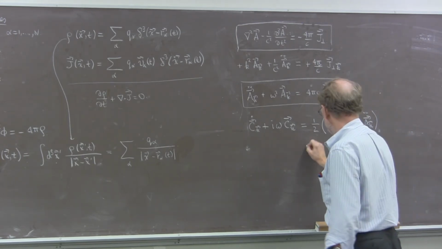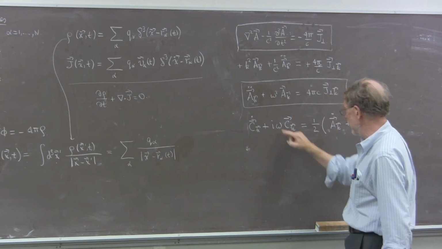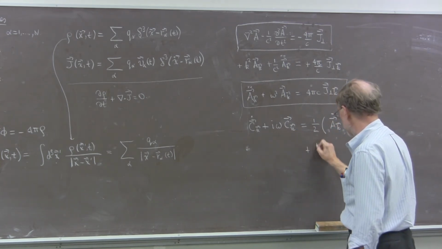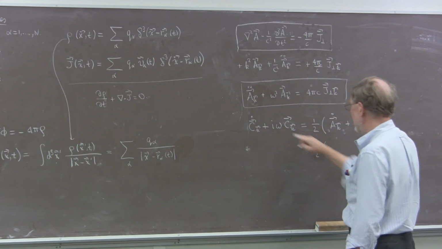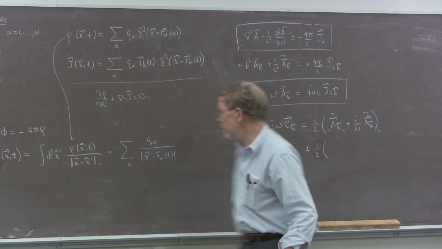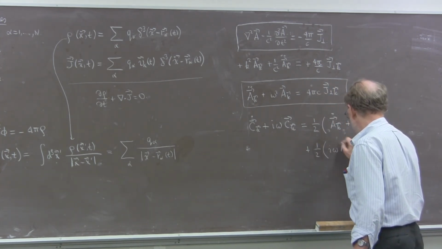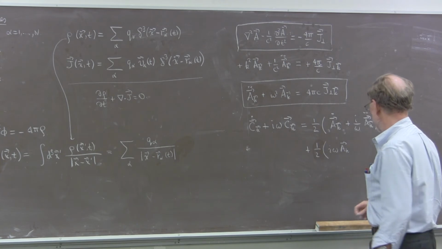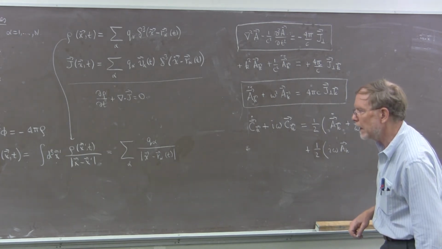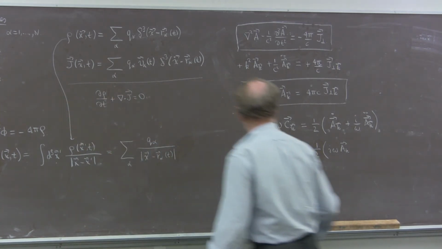And then I get plus i omega over 2. I'll write down the half, and I'll bring the i omega inside, multiplying times c sub k. Here it is. We get an i omega a sub k. Then we get this times i omega gives me minus a sub k dot.